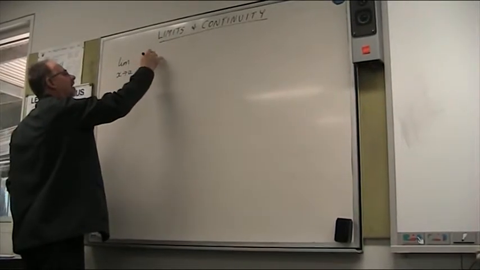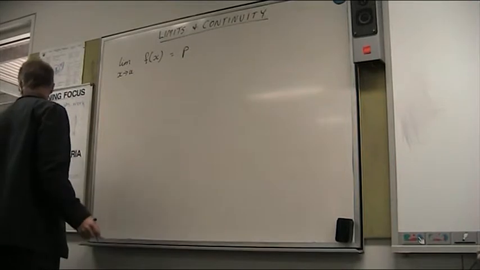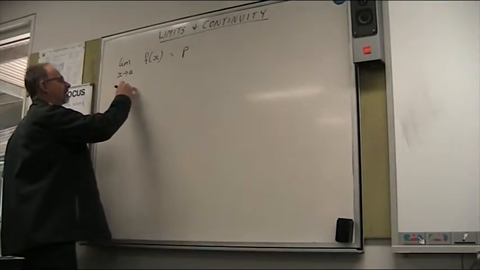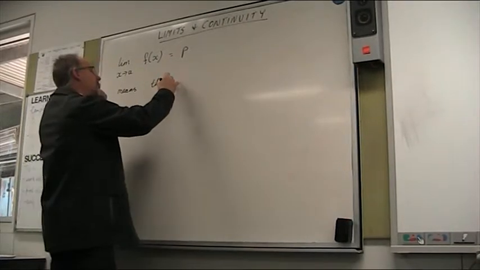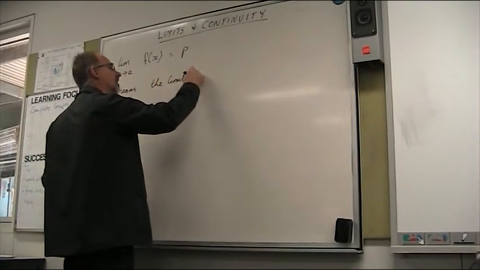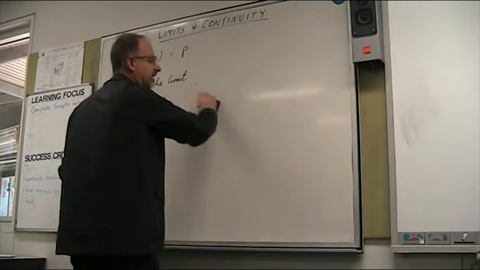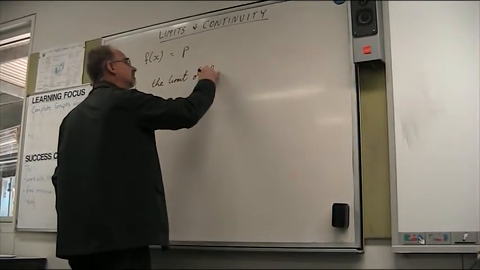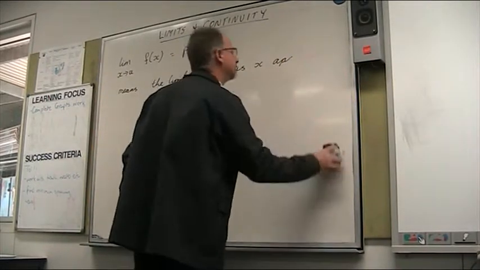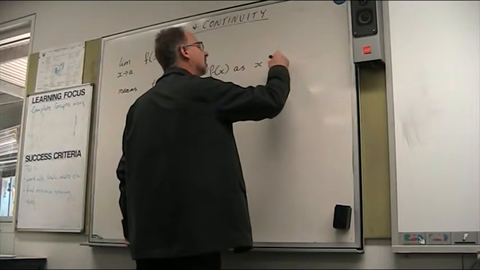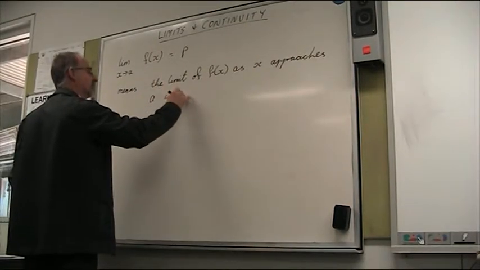The limit of f(x) as x tends to a of some function equals P. What it actually means, in words, is that the limit of f(x) as x approaches a is P.